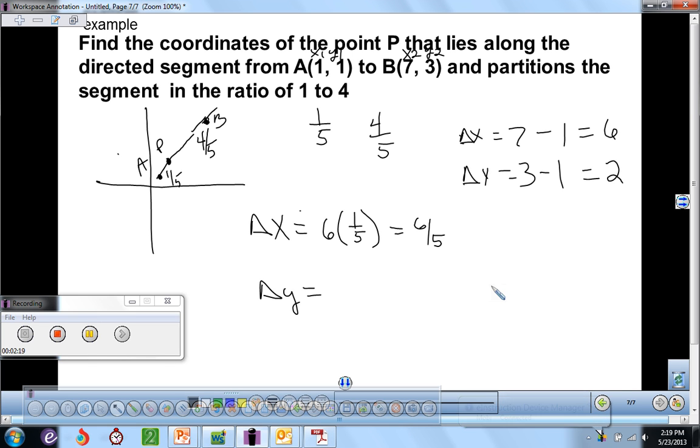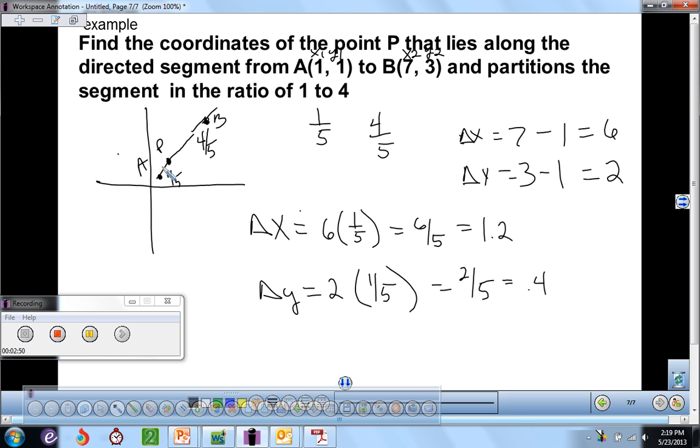Convert that to a decimal, so we divide 6 by 5, and we end up with 1.2. We do the same thing for the change in Y. We had a change of 2 overall, but we're only looking for 1/5 of the change, so we end up with 2/5. We divide 2 by 5 and change it to decimal form, and we end up with 0.4.